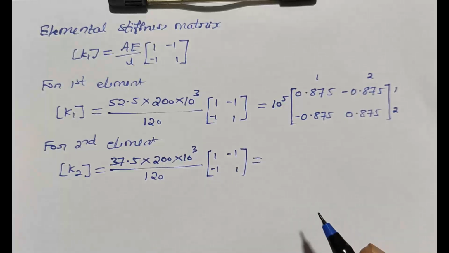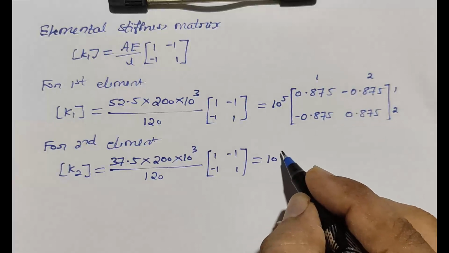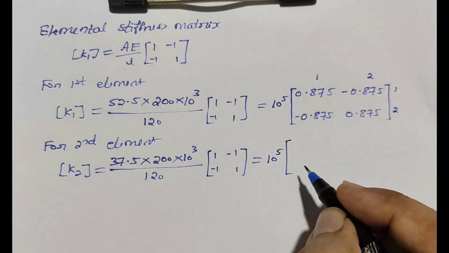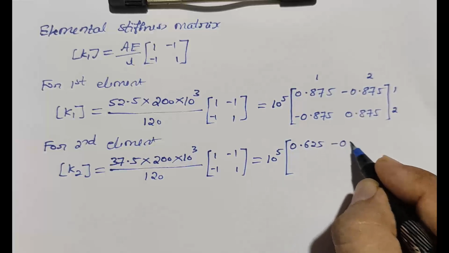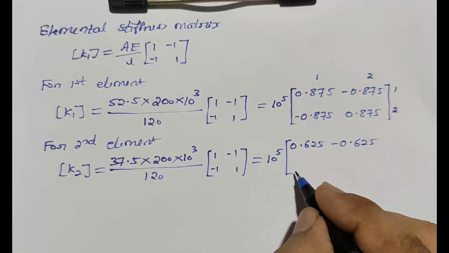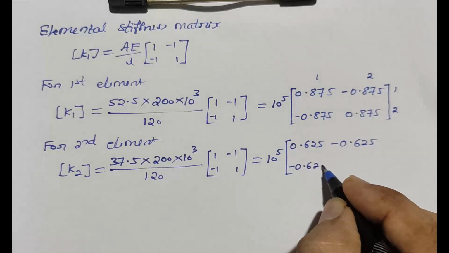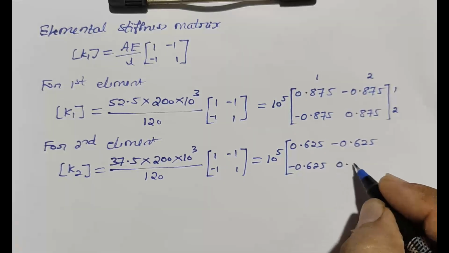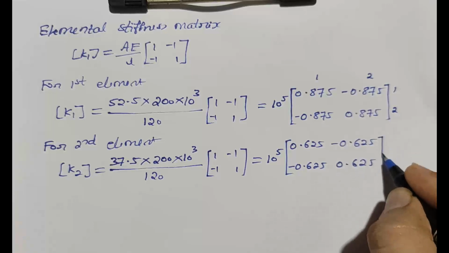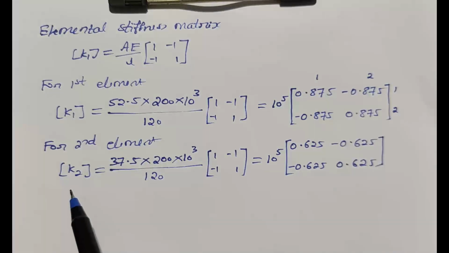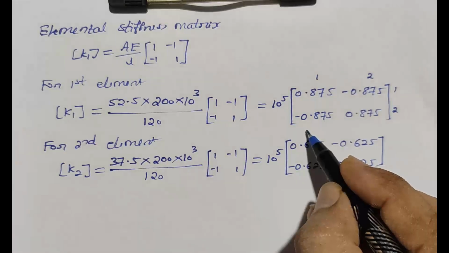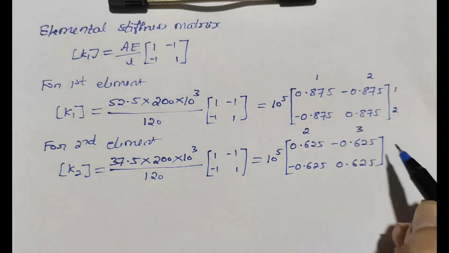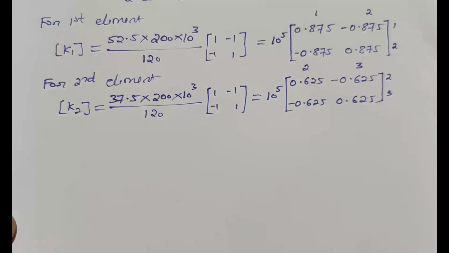If you simplify this, you will get 10 power 5 outside and inside 0.625, minus 0.625, minus 0.625, 0.625. So this is the stiffness matrix for element number 2. Element number 2 connects node number 2 and 3. So here the node numbering will be 2, 3, 2, 3.